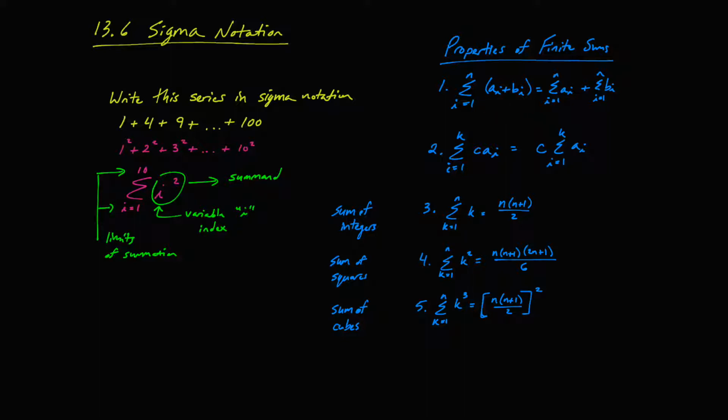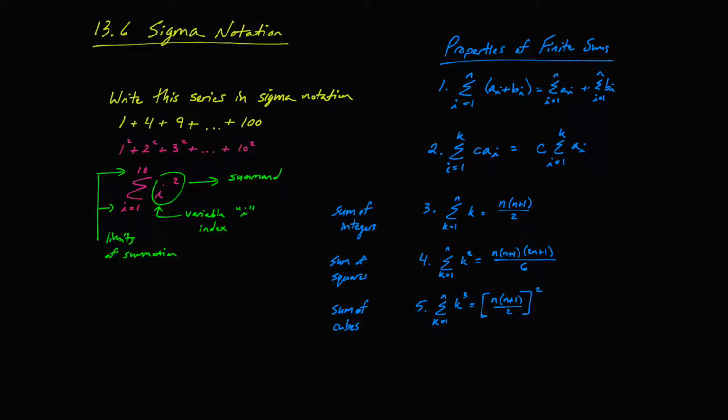Similar to the other side, for number 2, you have C multiplying every a term. So if you just pull this out, you can say that C is now being pulled out from every term, and you can multiply it back in later once you have your final sum.